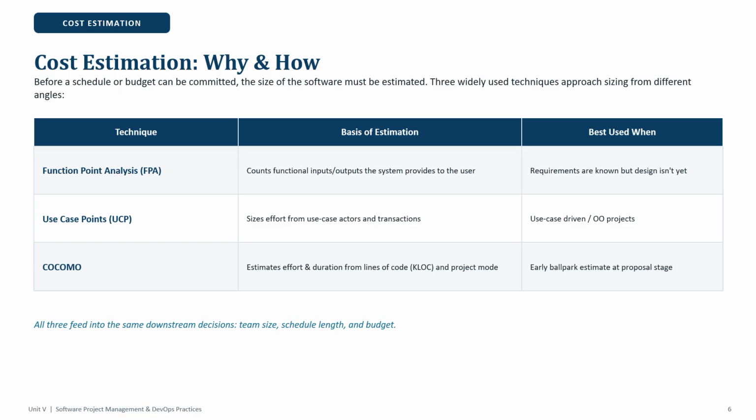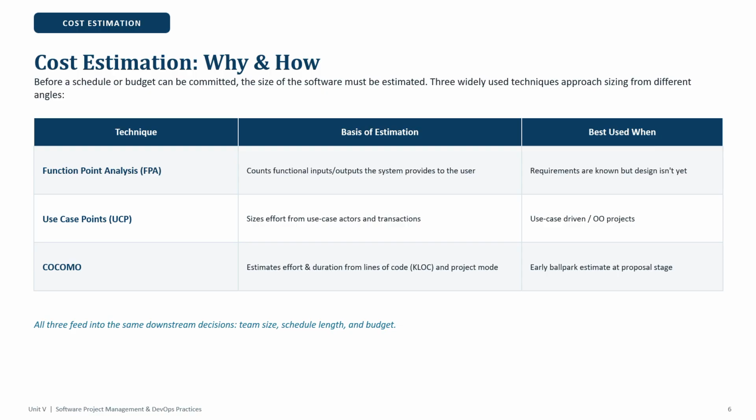Now cost estimation: why and how. Before a schedule or budget can be committed, the size of the software must be estimated. Three widely used techniques approach sizing from different angles. The techniques are: function point analysis, whose basis of estimation is counts of functional inputs and outputs the system provides to the user, best used when requirements are known but design is not yet.